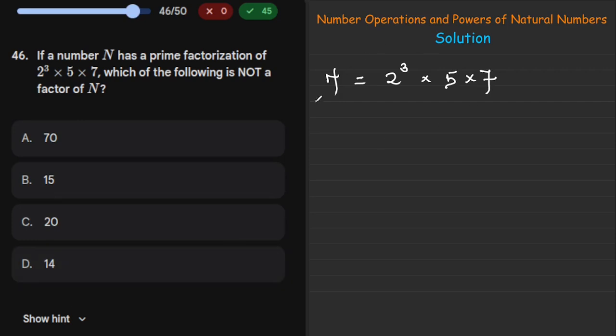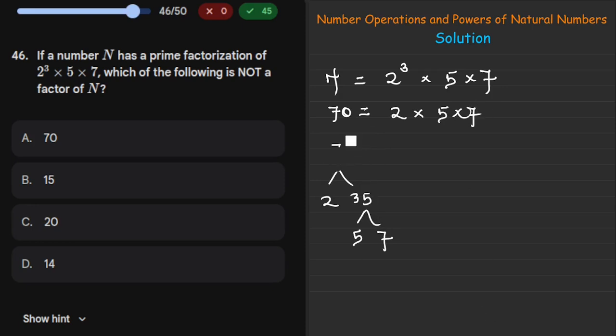So what we can easily do is, let's write 70 as a product of prime factors. 70 becomes, working it out, 2 times 35. Then 35 gives us a 5, and then times what? 7. So 70 actually becomes 2 times 5, then times 7.